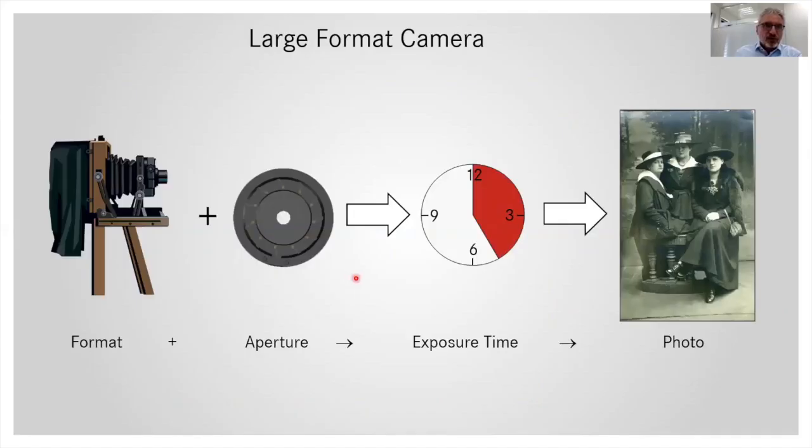With large format cameras, you need to stop down very much to get a certain depth of focus. And that required very long exposure time. Perhaps somebody of you will remember 21, 22, 23 seconds exposure time. And this was the reason for very stiff photography at that time, especially for portrait also.